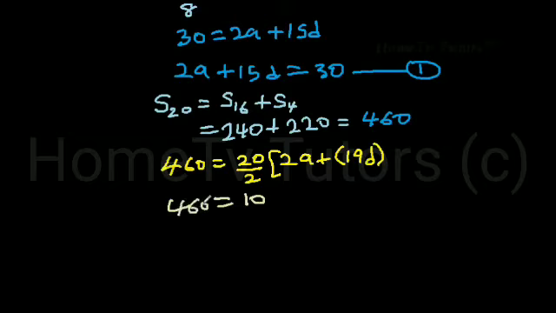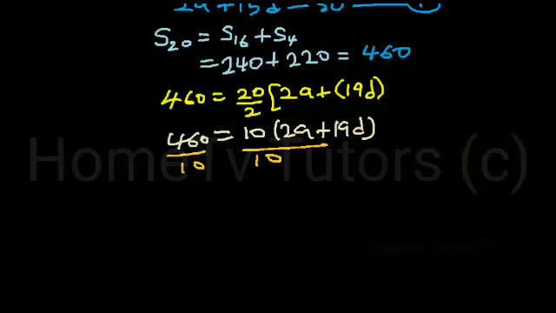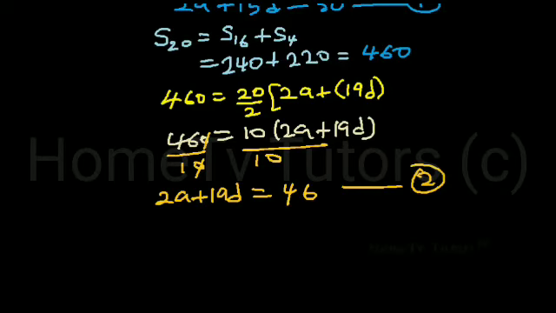So 460 equals 10, then bracket 2a plus 19d. If we divide both sides of the equation by 10, we can rewrite it as 2a plus 19d equals, cancelling the 0, 46. So let this be equation 2.